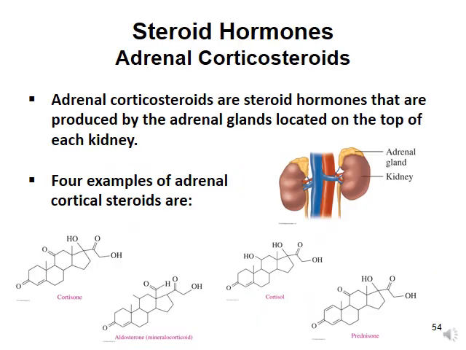Now, adrenocorticosteroids are steroid hormones that are produced by the adrenal glands that lay on top of the kidneys. Adrenocorticosteroids, for example, are cortisone, aldosterone, cortisol, and prednisone.